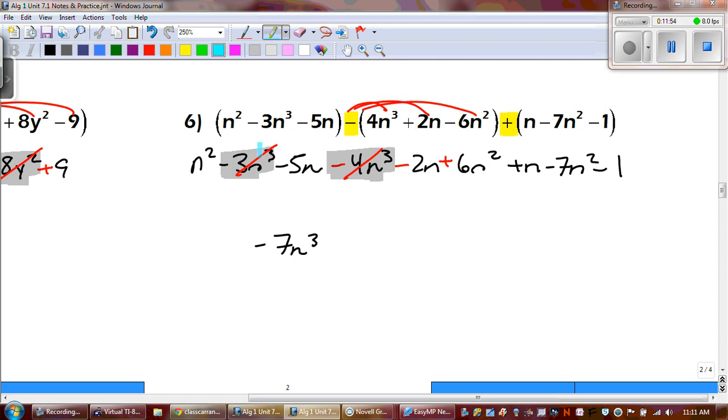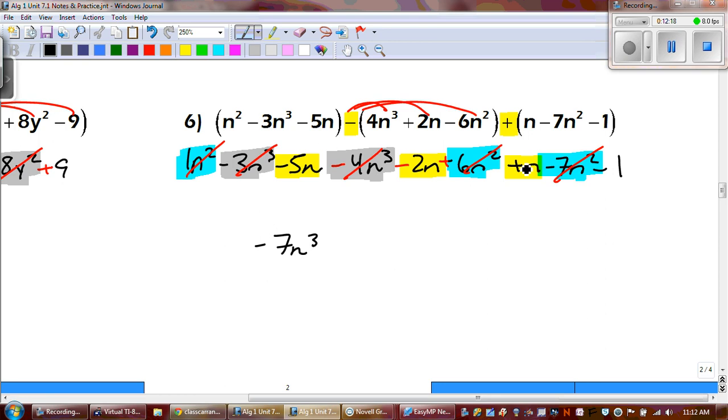Now I'm looking for my squareds. So I have 1 plus 6 is 7, and 7 minus 7, well, hey, those all cancel out. So next would be our n's.